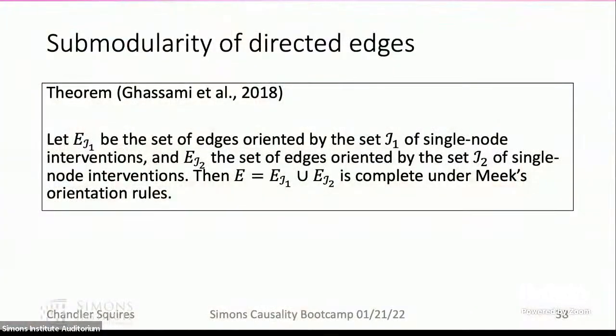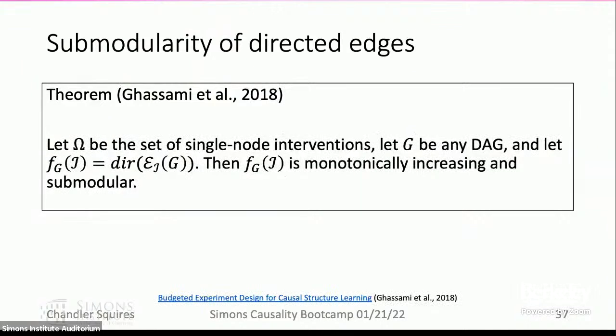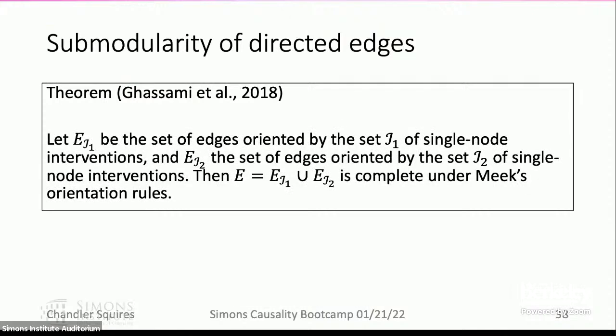All right, so this proof relies on an interesting fact that to me was at first counterintuitive: if we have two sets of edges that we get from separate single node interventions, E of I1 and E of I2, where I1 is a set of single node interventions.